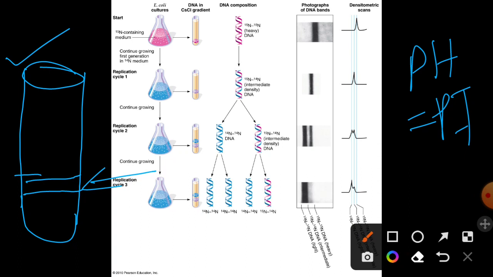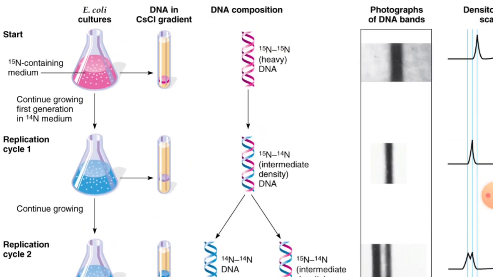That simply means if our DNA is made up of heavier things, it will have a greater density, and as a result it will form the band at the bottom of the tube, right? And if our DNA is made up of some lighter things, then it would have a smaller density, and then it will give its band at the upper part of the tube. Clear? So that is the idea of cesium chloride density gradient centrifugation, and why we are using it.